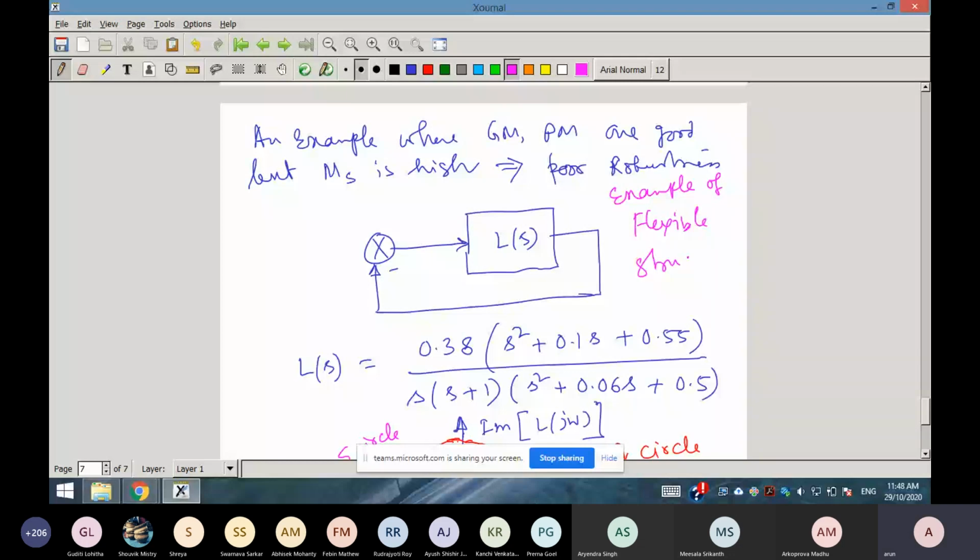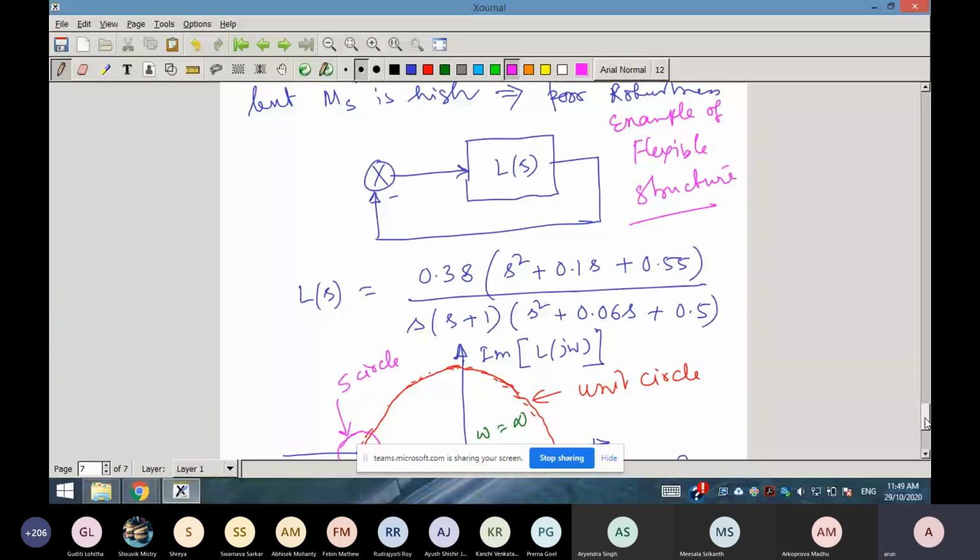Okay, so now the next thing is that naturally a question arises: okay sir, gain margin, phase margin, so how to guarantee this? Suppose I have got a low sensitivity norm.